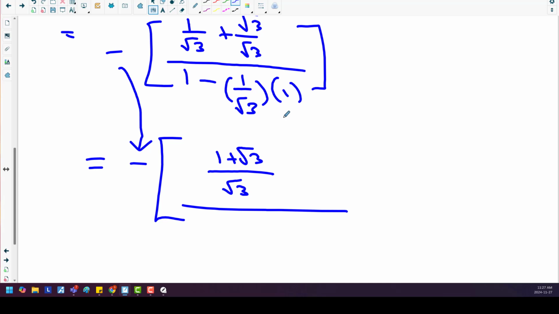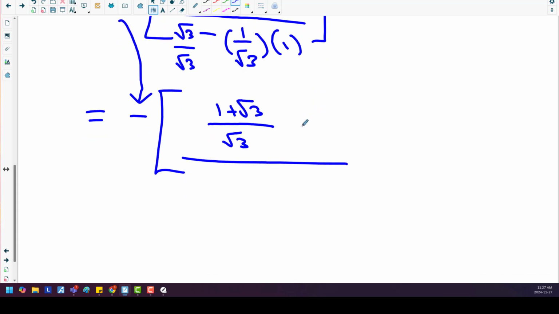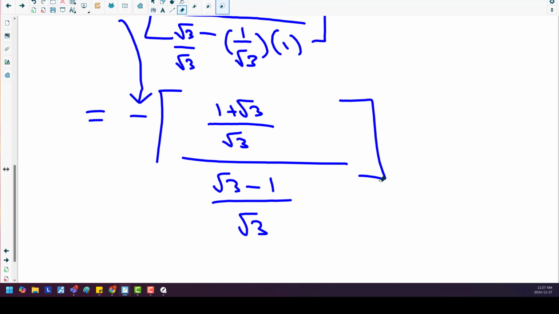We're going to do the exact same thing with our denominator. So remember, our 1 here is root 3 over root 3. Common denominator, so that's going to be root 3 minus 1 over root 3. So now we have a fraction in the numerator and a fraction in the denominator. These are brackets, by the way, that are not really extending all the way.